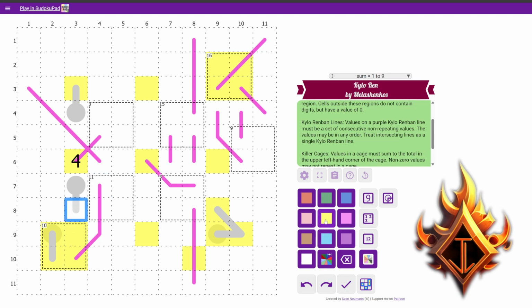This one has to be yellow. Both of these cannot be blank. These two cannot be blank.